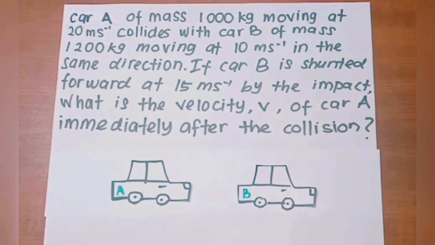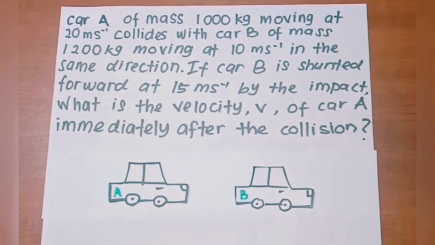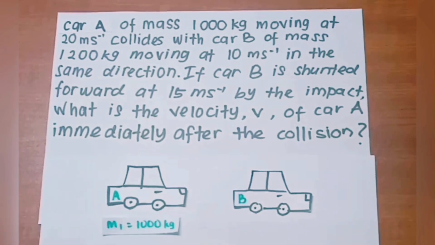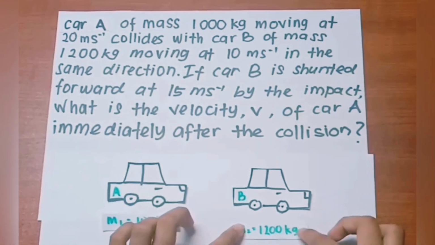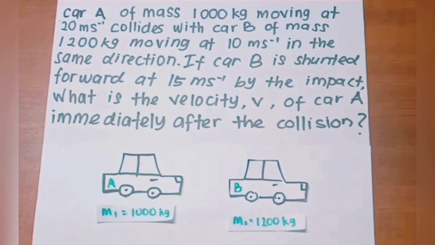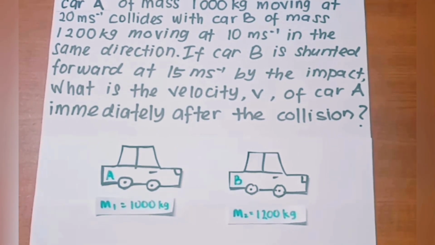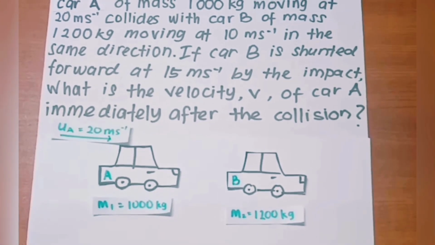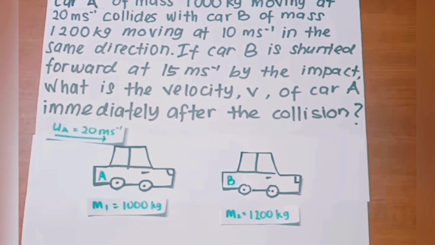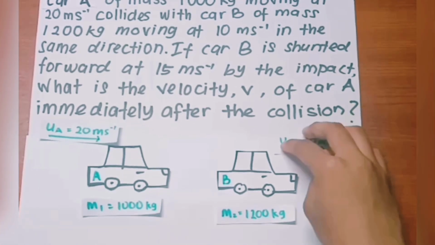The mass of car A is 1000 kilograms and the mass of car B is 1200 kilograms. Car A is moving at 20 meters per second. Meanwhile, car B is moving forward at 10 meters per second.